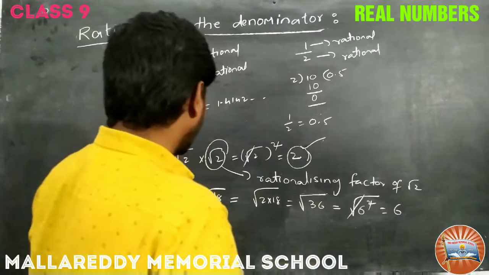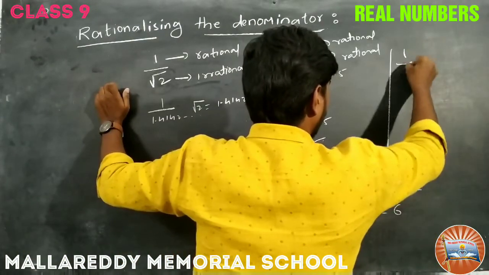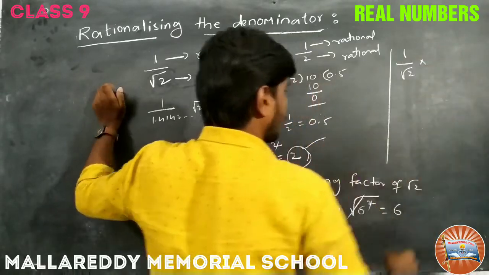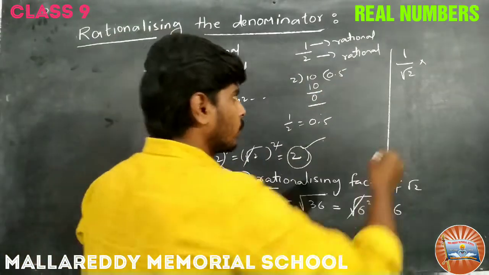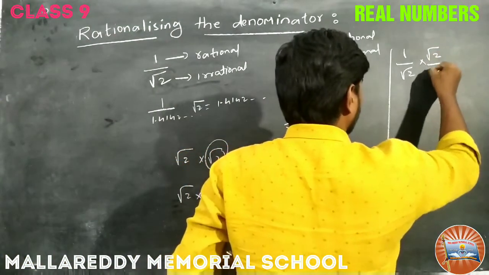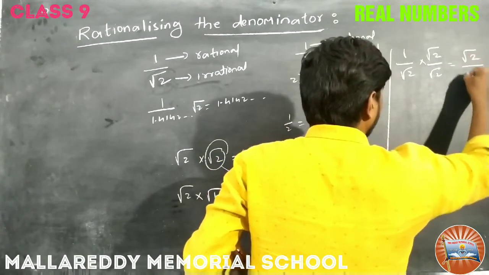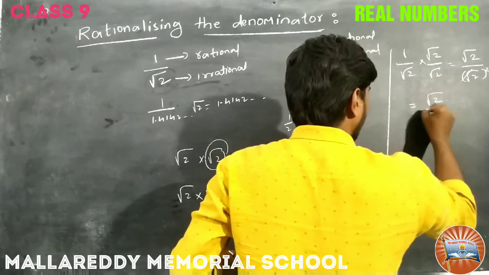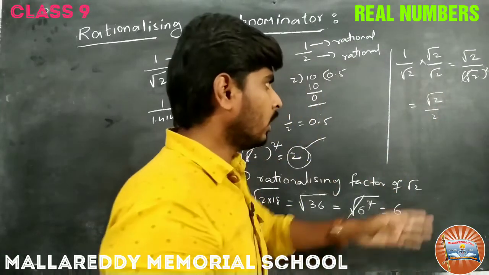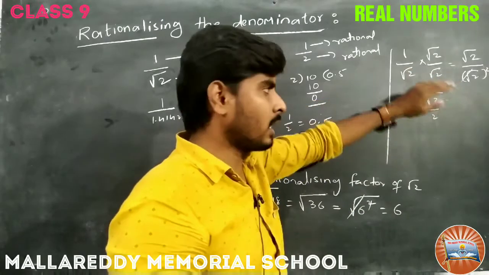Suppose now I am going to rationalize 1 by root 2. It means I am multiplying the denominator and numerator by root 2. So it becomes root 2 by root 2 whole square. The square root gets cancelled. Root 2 by 2. Now I converted the irrational denominator into a rational denominator.